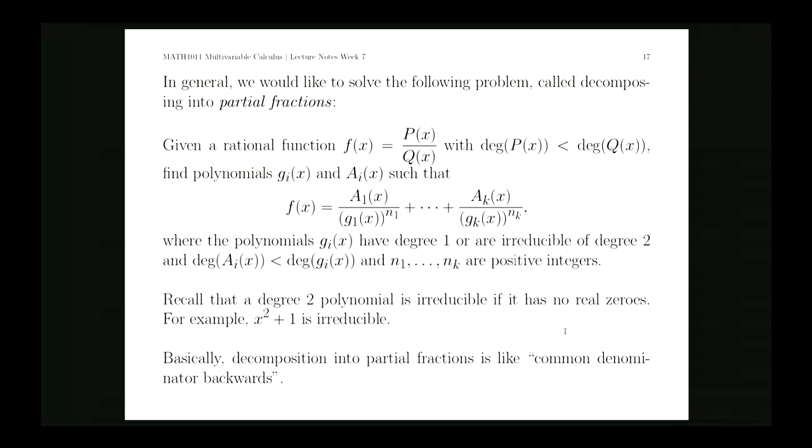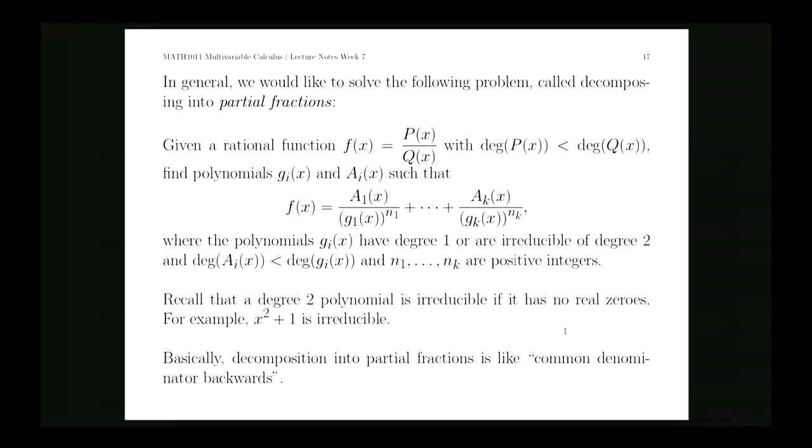The degree of the polynomial at the top is less, not less than or equal to, less. These are polynomials, so the degree is always an integer. So if the degree of the top is less than the degree of the bottom, you want to write it as the sum of several fractions. Common denominator backwards. That's the easiest way to think of it.